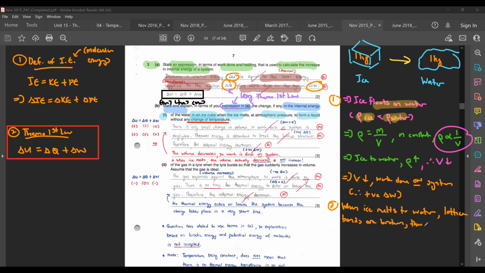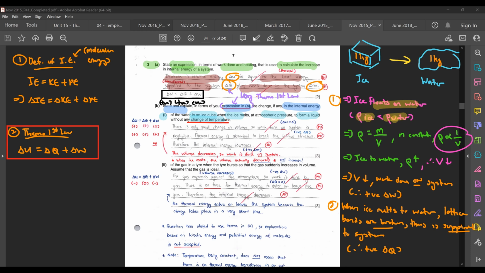Thus, heat is supplied to system. So therefore, you have positive delta Q. In order for you to break the lattice bonds in the first place, you need to supply heat. You cannot say you release heat and then bonds are suddenly broken, isn't it? So heat must be supplied in this case.